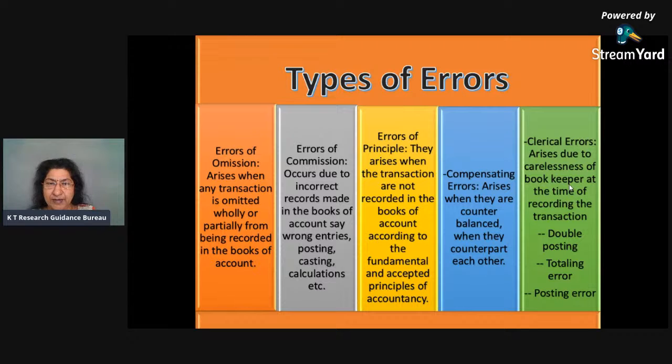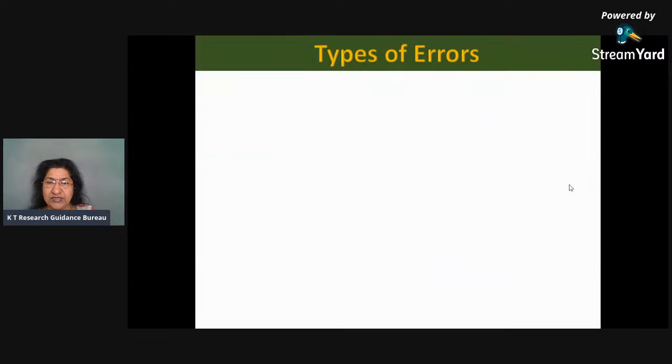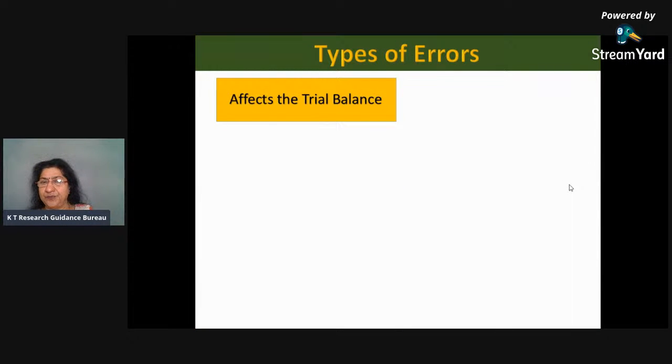So mainly these five types of errors are there. One is error of omission, second is errors of commission, third is errors of principle, fourth is compensating errors, and fifth is clerical errors. These errors generally happen.